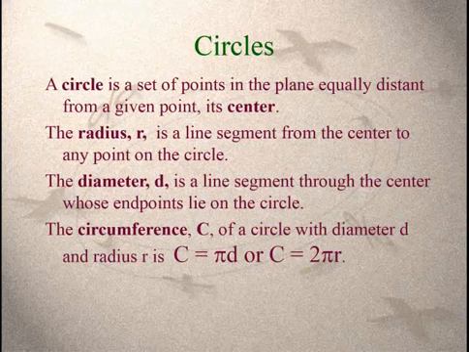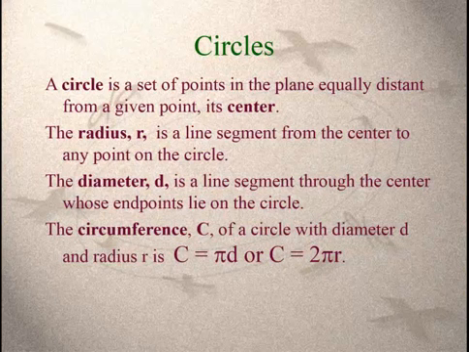And then we have two formulas for the circumference of a circle. The circumference C of a circle with diameter D and radius R is C equals pi times D, or C equals 2 pi R. So we would use the first equation, C equals pi times D, when the diameter is given.